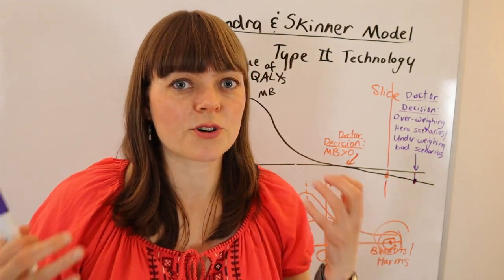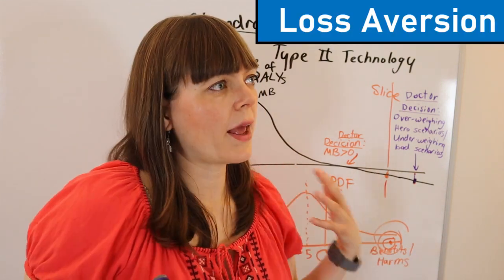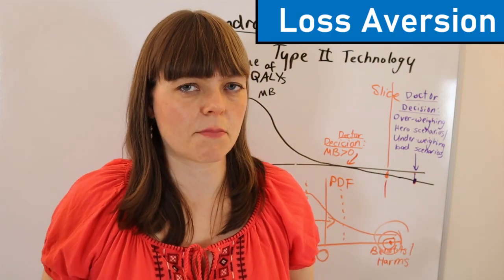We could tell a story where negative outcomes are more salient. As a matter of fact, there's good evidence that people are way more responsive to negative things than positive things.